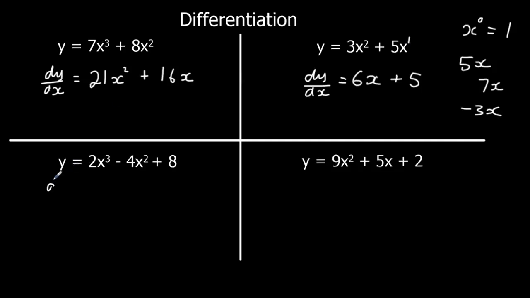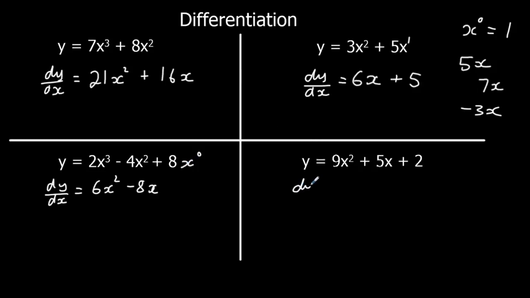So down here now, dy dx, times by the power, and take 1 off the power. And the 8 by itself, if you think of it as 8x to the power of 0, and you multiply by the power, it's going to disappear. Anything times 0 is 0. So whenever you've got a number by itself, it just disappears.